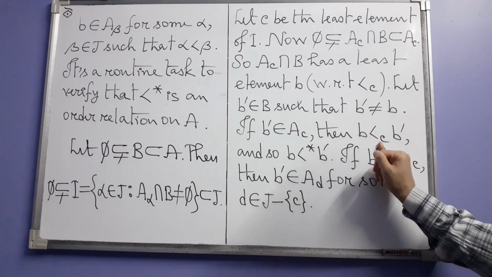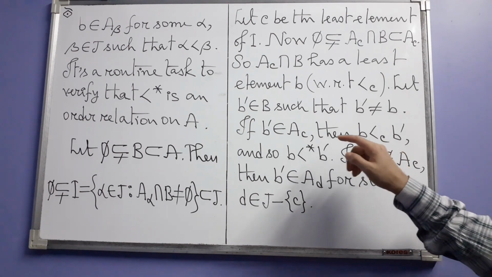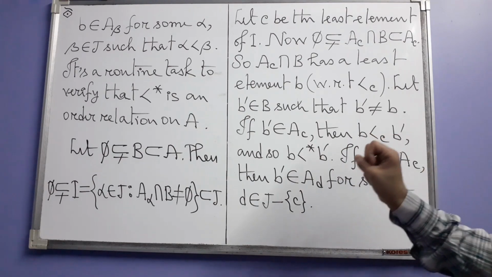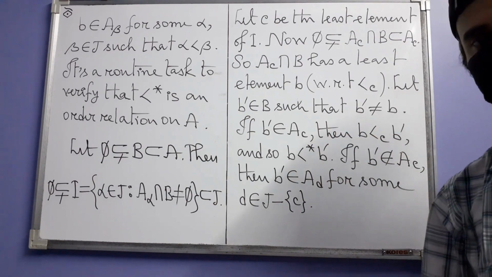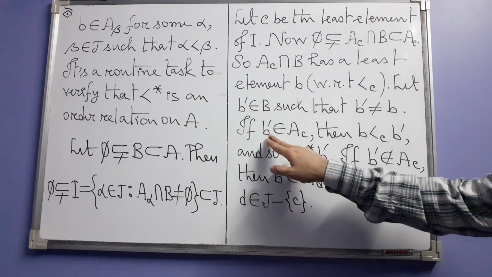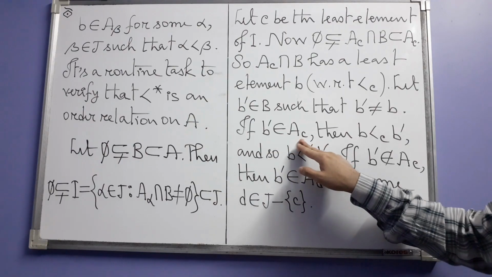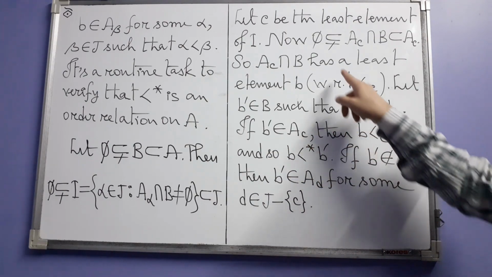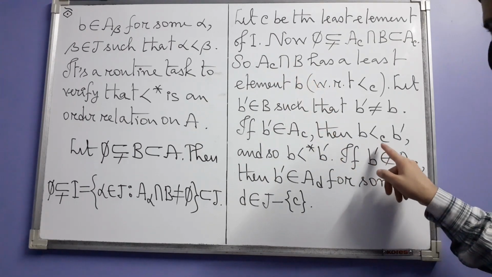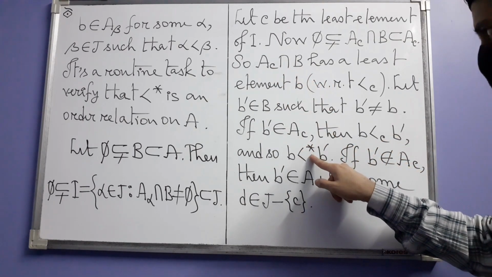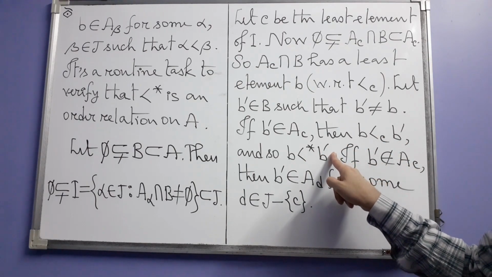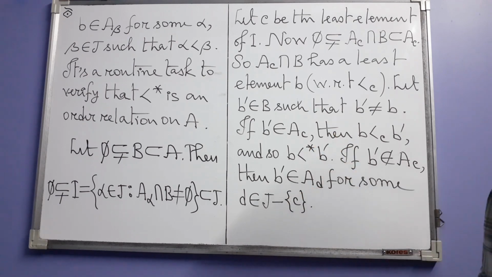However, in that case, b and b prime both belong to the same AC, right? Why? Well, the condition here is that b prime belongs to AC, but b is already in AC because b is coming from here, and that is why by the definition of this new order, in this case b will be less than b prime with respect to the new order. Actually this is what we want.